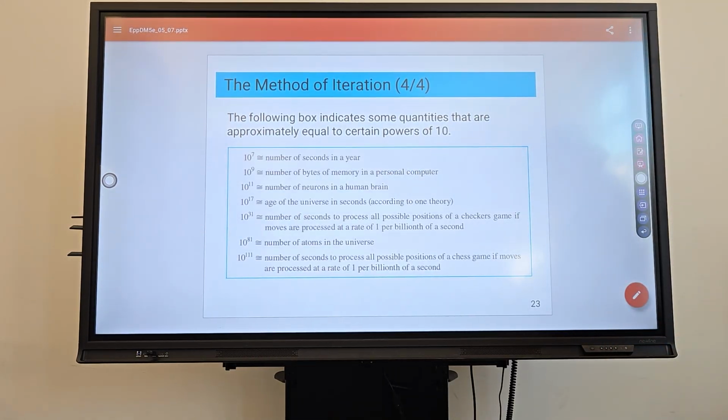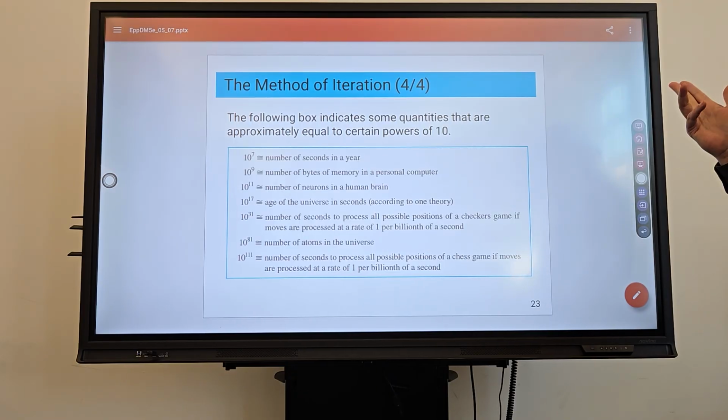These are older slides, so not 10 to the 9th, but considerably more than that. That's only 1 billion. It's 10 times more than that, so maybe 10 to the 10th.